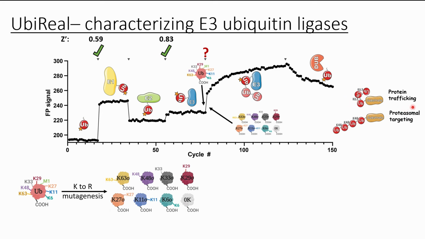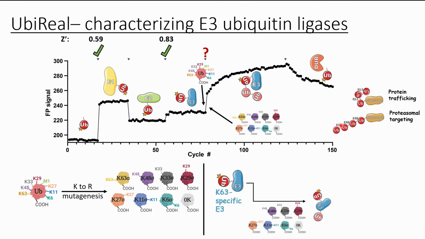And just as a brief reminder, we are interested in what sort of chains are made because they are critically important to what cellular outcome happens in the end. More in depth, the idea is if we used a K63 specific E3 ligase and fed it one of these K-only mutants that does not have K63, then we would only be able to support a monoubiquitinated E3.